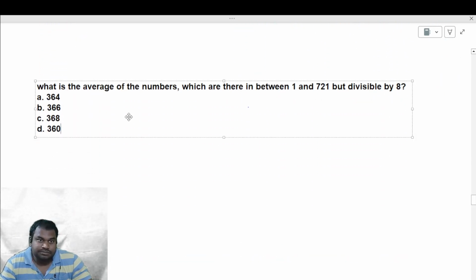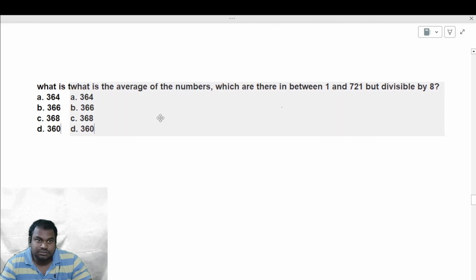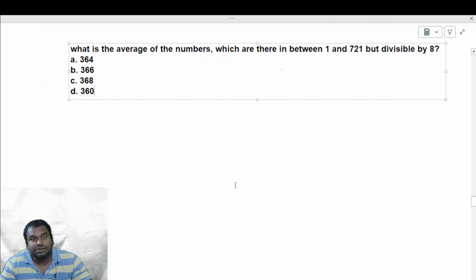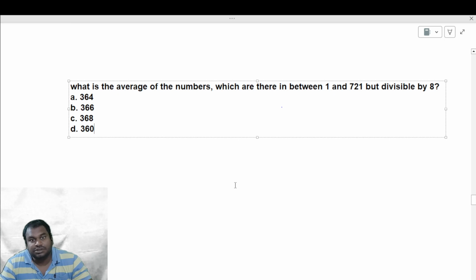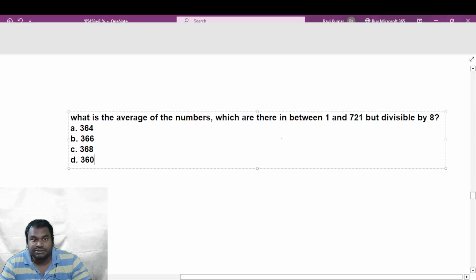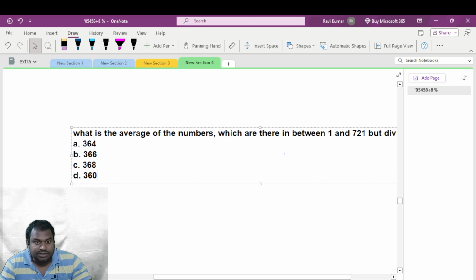Next thing, what is the average of the numbers which are there in between 1 and 721 but divisible by 8? Divisible by 8, so they must be divisible by 8. You can do this. How you can do?